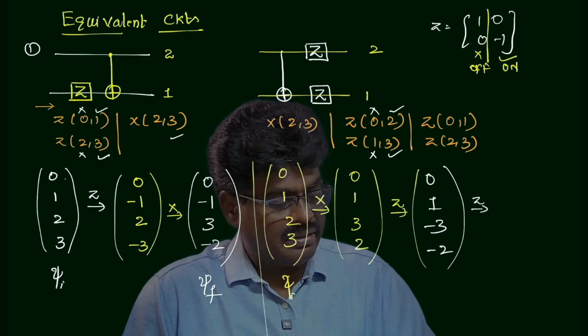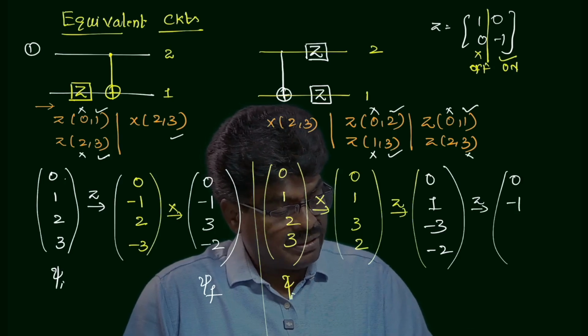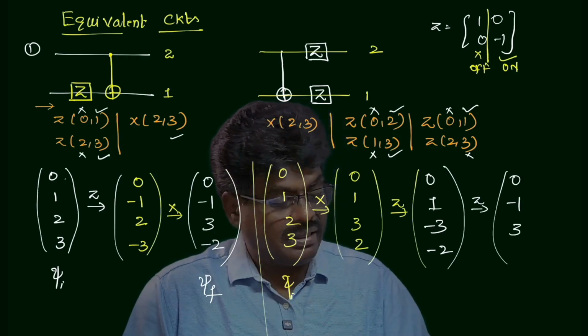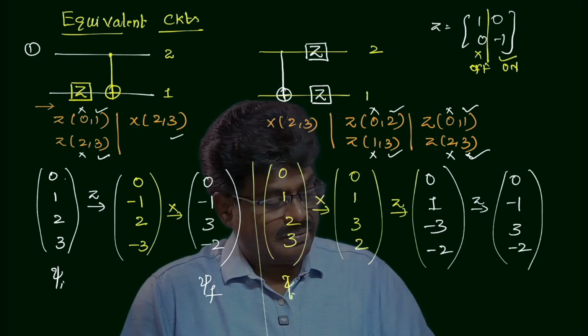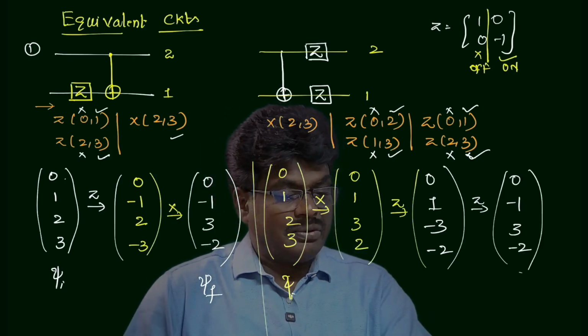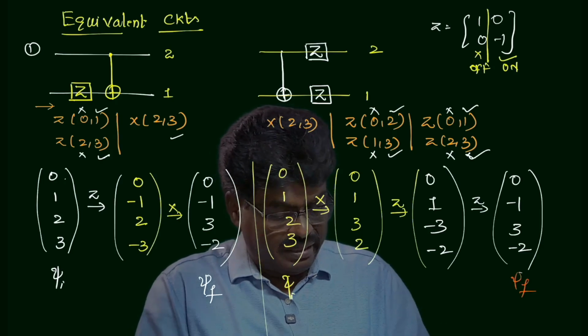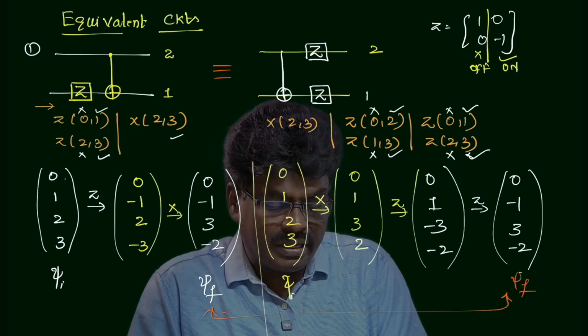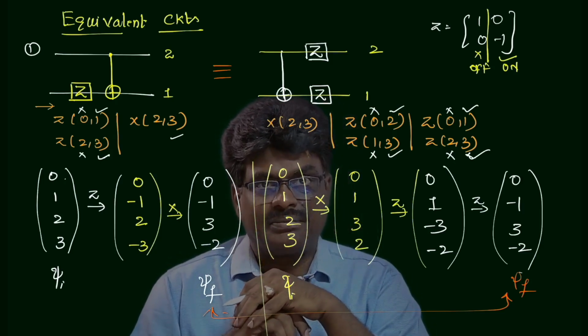Next again z, 0 off, 1 on, and minus 3 on, that's why one more minus, that is 3. 2 is off, that's why same. Now if you observe carefully, here we have this final state, and these two final states are same. So that's why we can conclude that these two quantum circuits are equivalent.